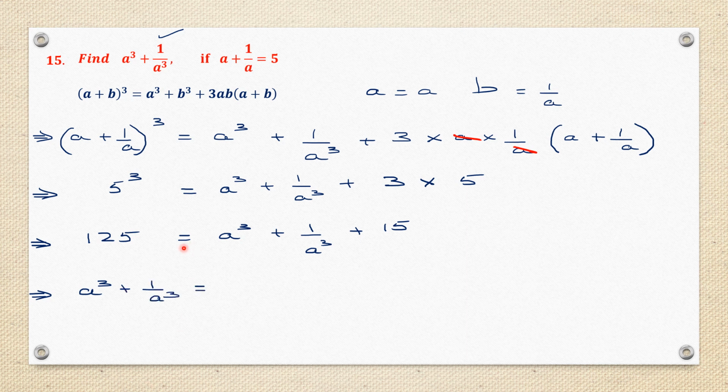What is on the other side of the equal to sign? 125. So let's write 125. Then we are going to take this plus 15 to the other side. It becomes minus 15. So now we have our answer. A cubed plus 1 by a cube is equal to 110. So this is our final answer.